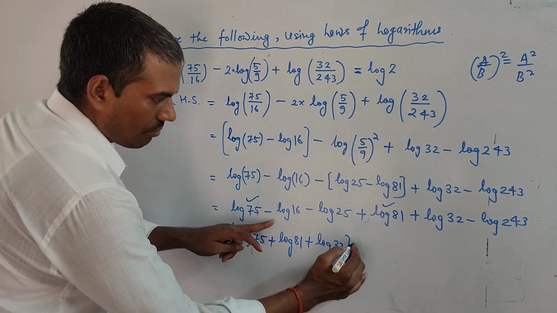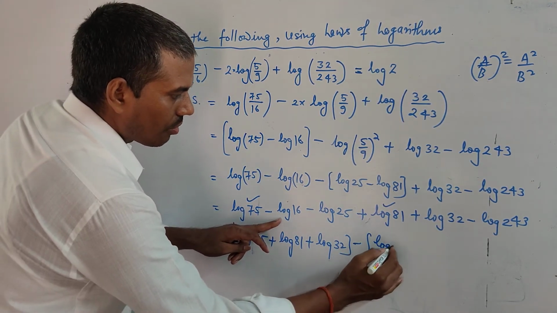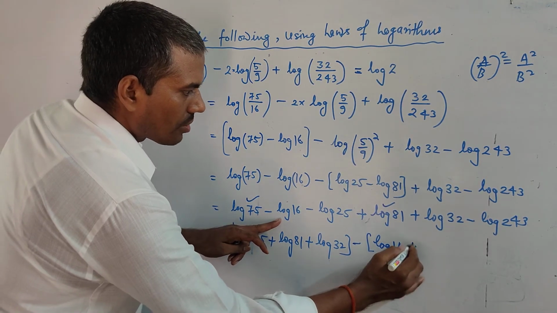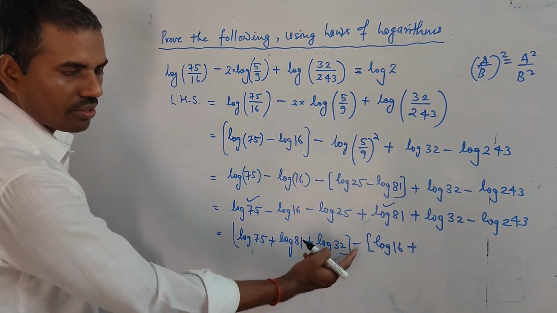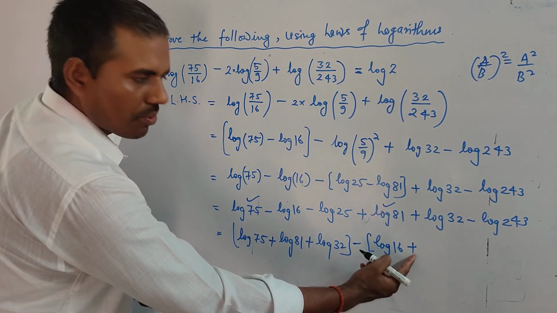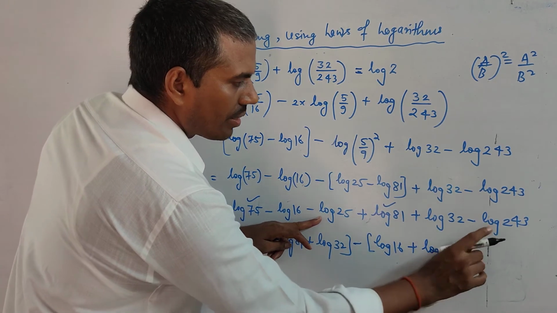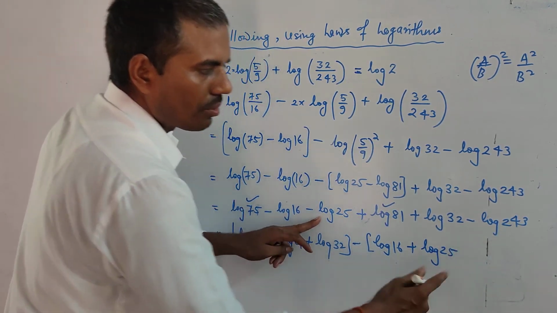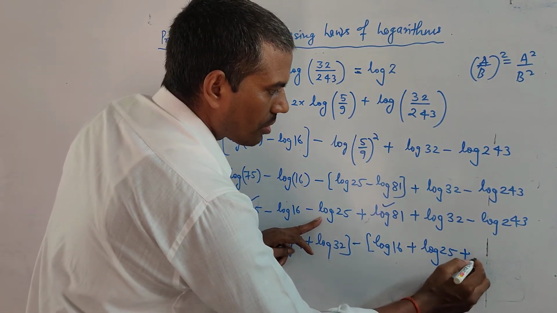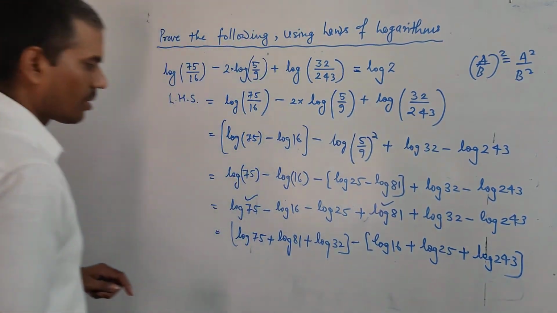If I take minus as common, we get log of 16 plus log of 25 plus log of 243, since minus into minus becomes plus.